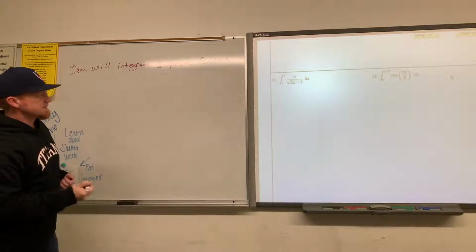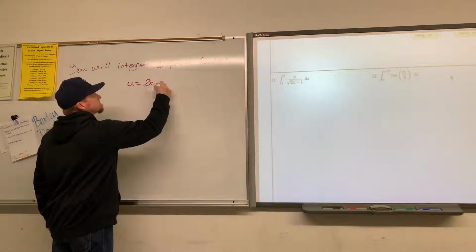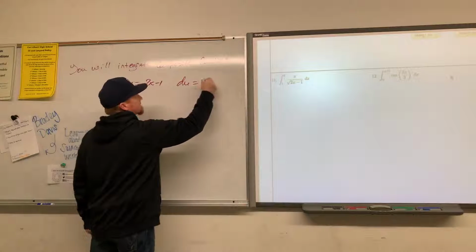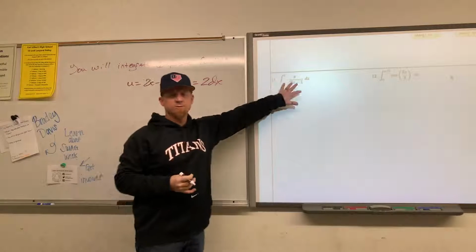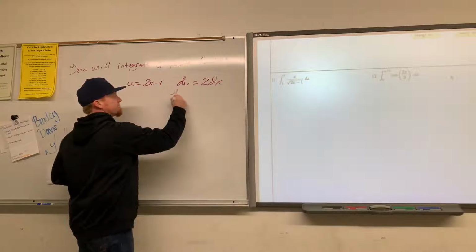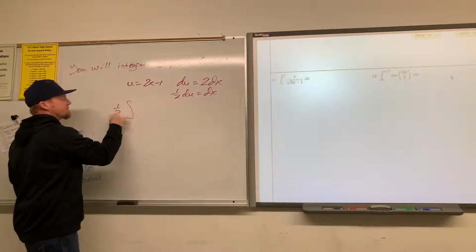All right, number 11, inside is 2x minus 1. And so my derivative is 2 dx. I have no 2 in the problem, so that means I need a 1/2. So I've got a 1/2 out here.